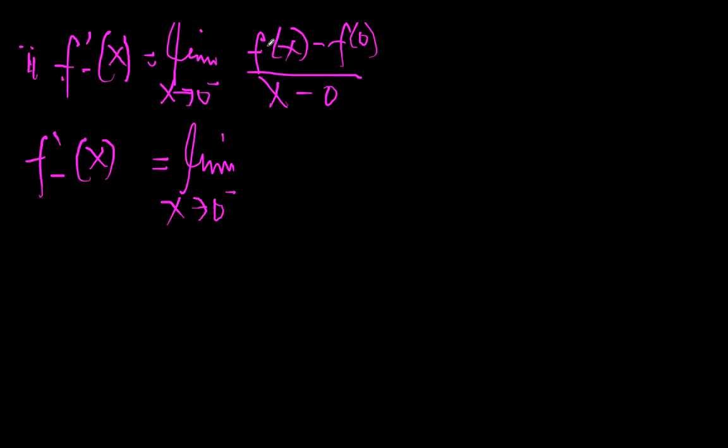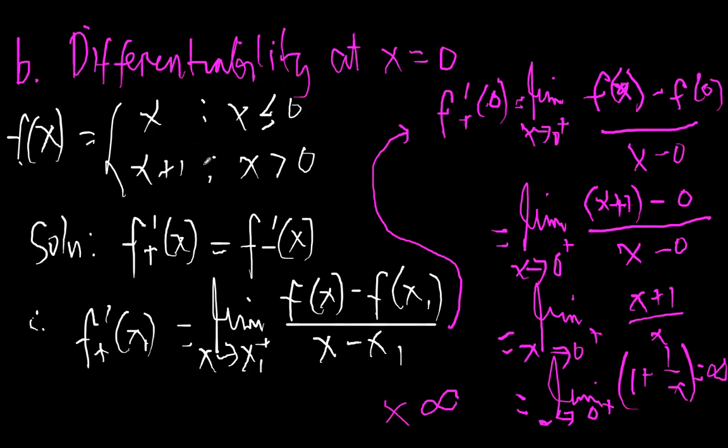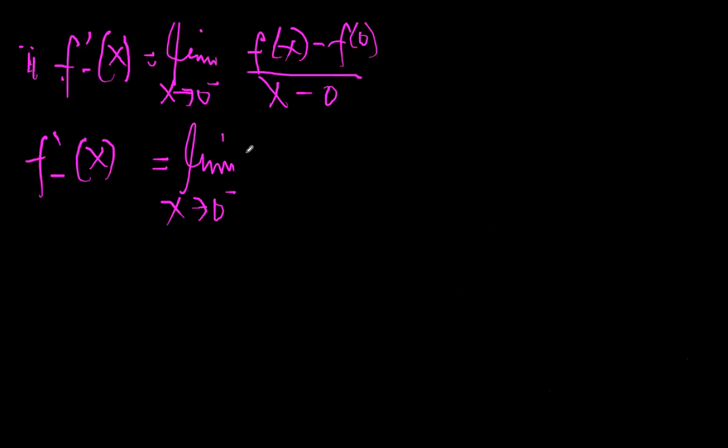And what is the f of x that we will be using here? We're talking about values of x which are on the left side of 0. So let's check that here. All the values less than 0 are on this function x, so we will be using this x.